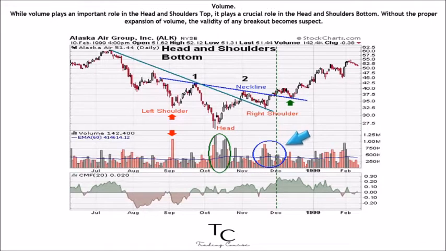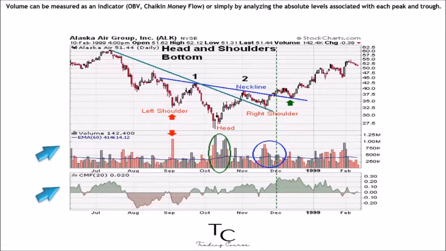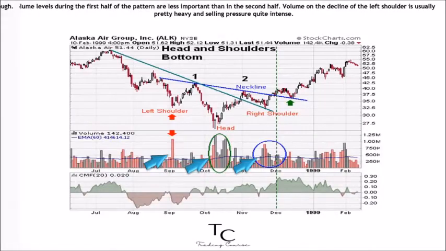Volume. While volume plays an important role in the head and shoulders top, it plays a crucial role in the head and shoulders bottom. Without the proper expansion of volume, the validity of any breakout becomes suspect. Volume can be measured as an indicator, OBV, Chaikin Money Flow, or simply by analyzing the absolute levels associated with each peak and trough.